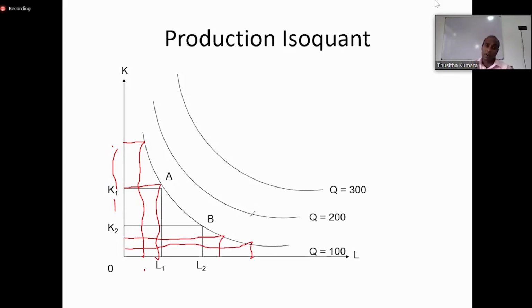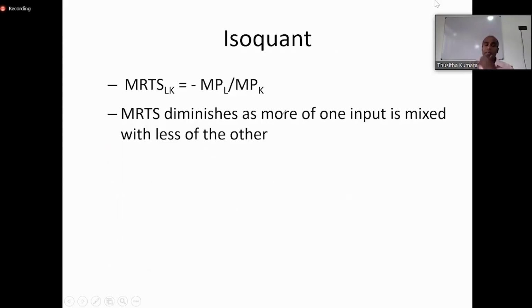The amount that you are sacrificing from L will be decreasing. So therefore we say the marginal rate of technical substitution is decreasing or diminishing as more of one input is mixed with less of the other. If you are going for more and more of one production factor, giving up the other factor, the amount of the other factor that we are sacrificing will be increasing.